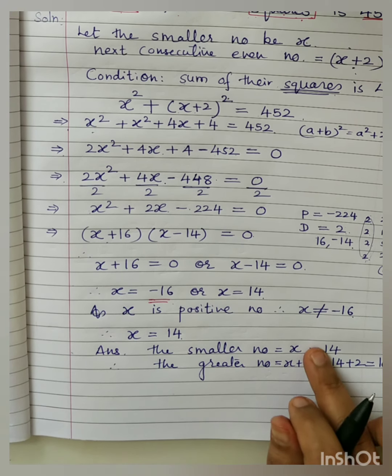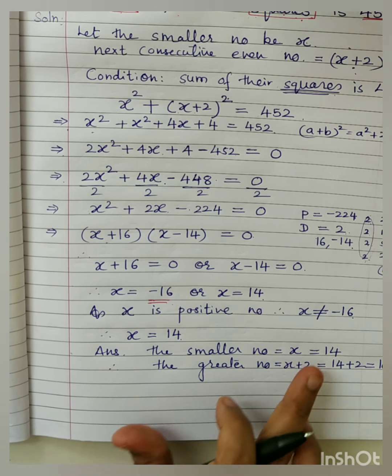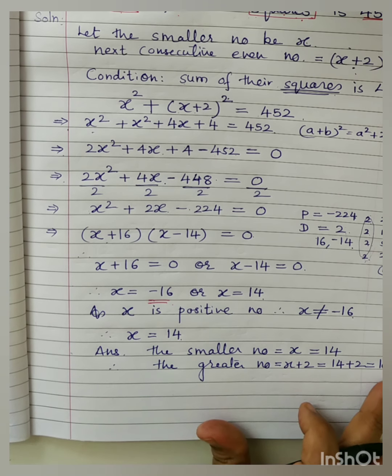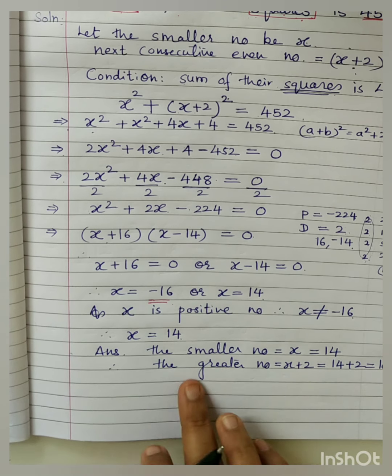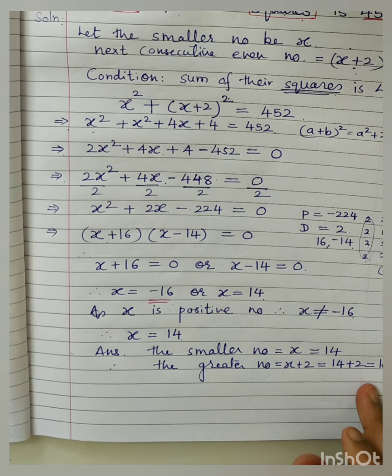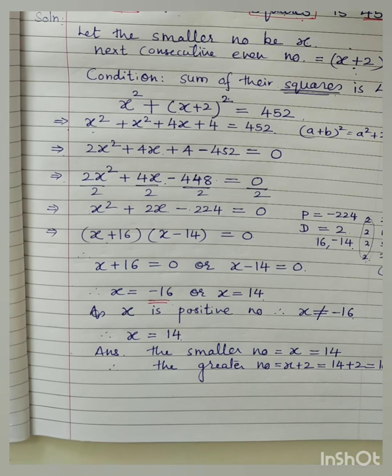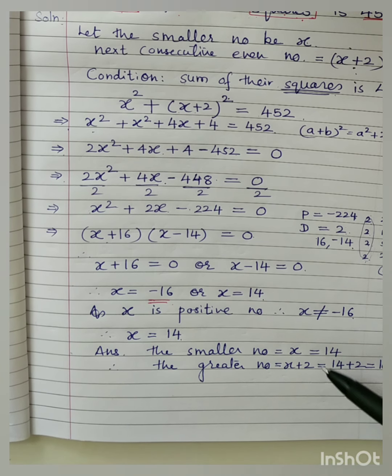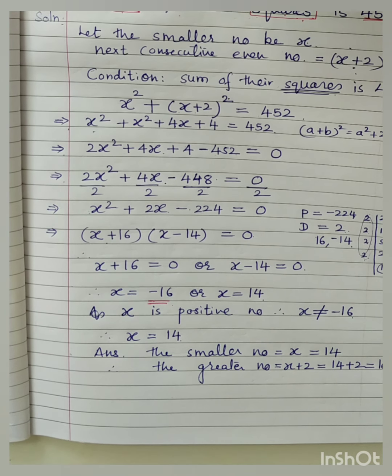Are they consecutive, positive, even numbers? Yes. 14 followed by 16, the next positive even number. The condition is satisfied. And you can find their squares and check whether it comes as 452 or not. I think all the steps are clear to you all.